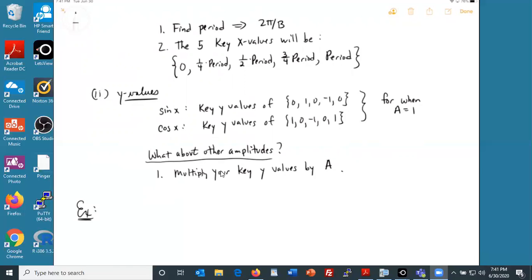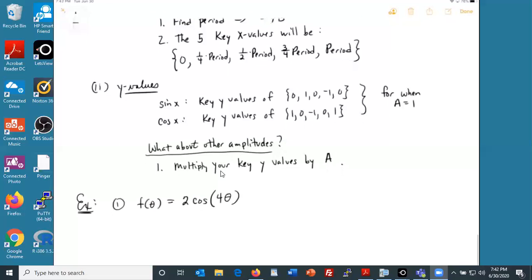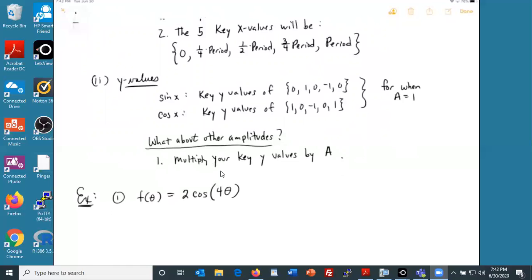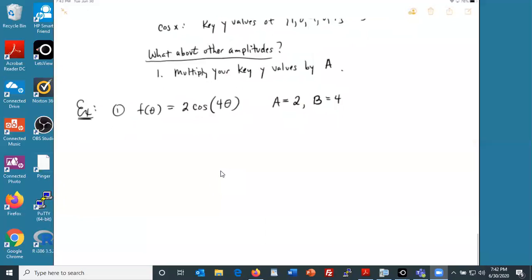All right, so the first example. All right, number 1. So let's say we have f of theta equals 2 cosine of 4 theta. So the first thing you want to do is identify your a and b values. So a is 2 and b is 4. So what we need to do first, remember, we want to plot this function with one full period.